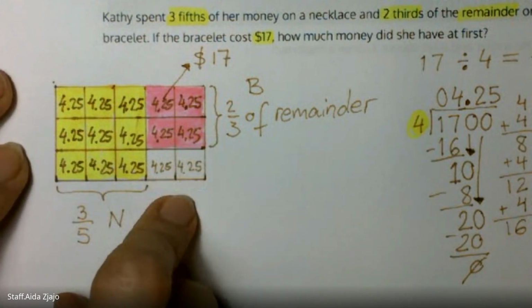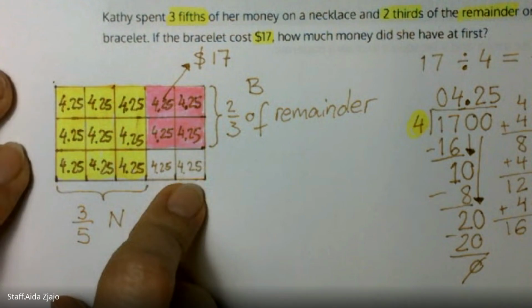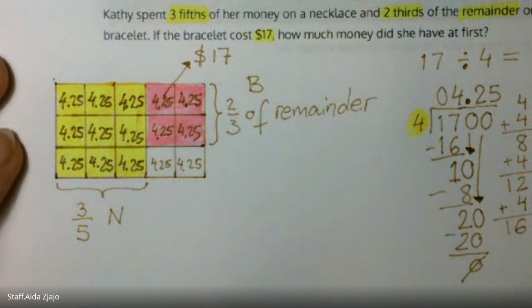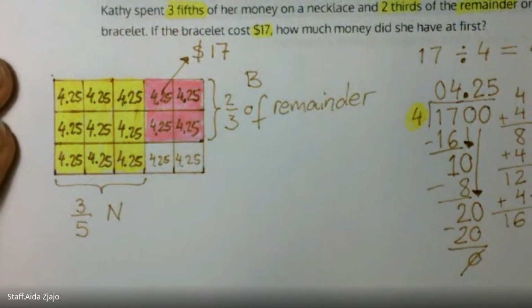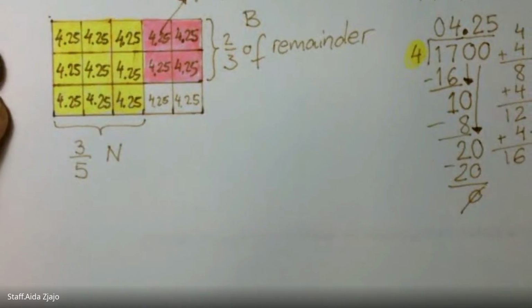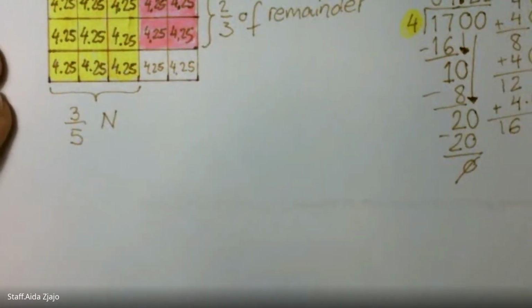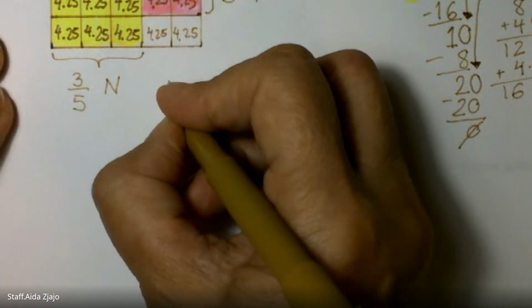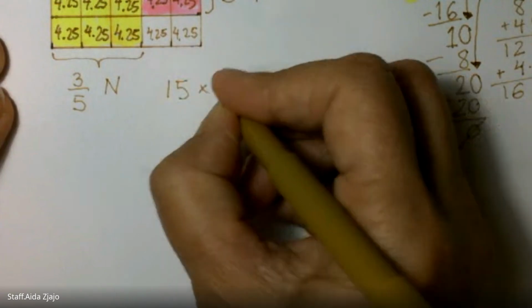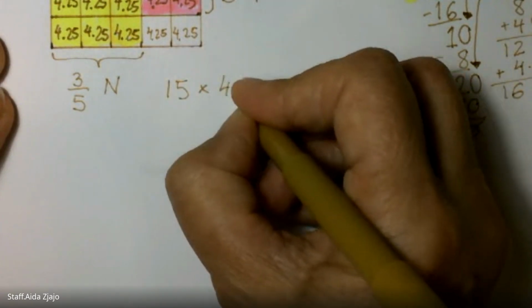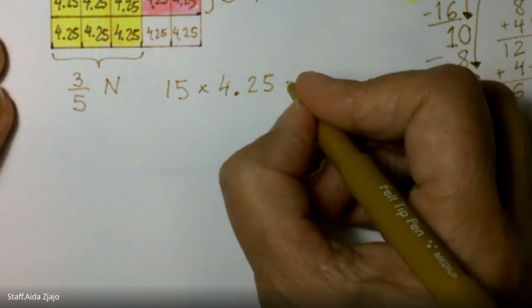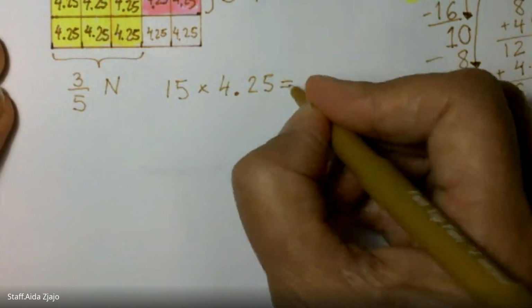So we can say 15 times 4.25 to find the total money that she had at the beginning. So I'm going to move this a little bit up, and we need 15 times $4.25.